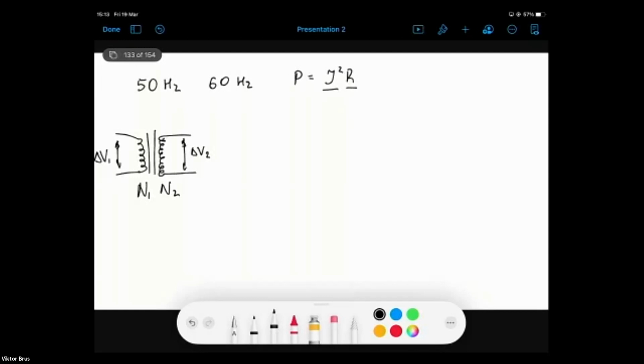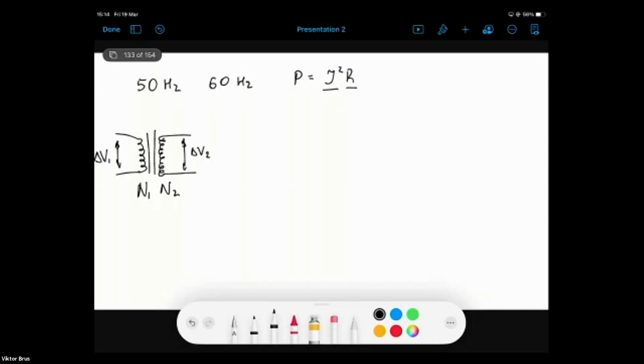However, the ferromagnetic feature of this core means that it enhances the magnetic field inside quite a lot, and this core is located in the interior part of both the primary and secondary coils.